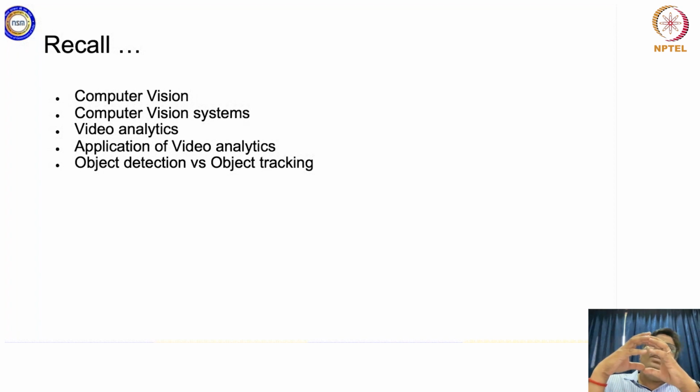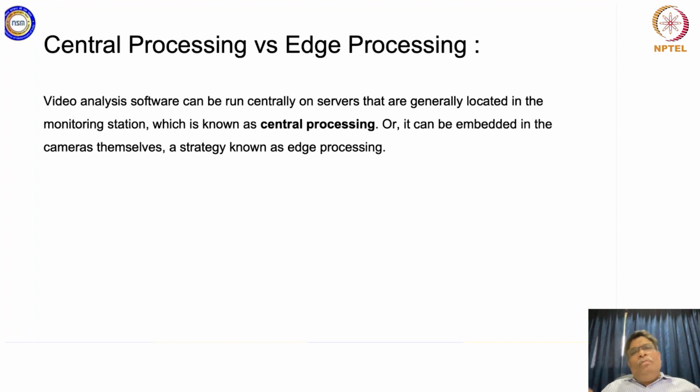We showed you the sample for a parking example, and today most probably we'll show you the parking example also, which would involve GPUs and will be more real time in processing as compared to the previous example. So now we all know the difference between central processing versus edge processing.